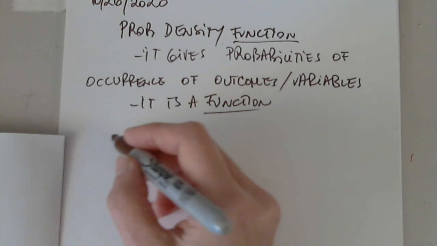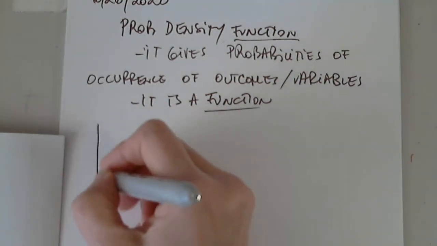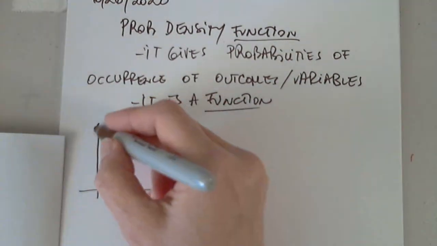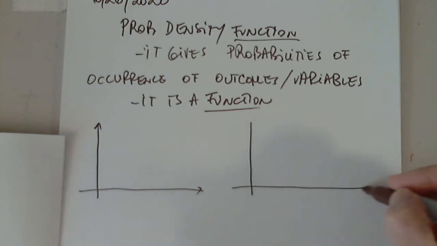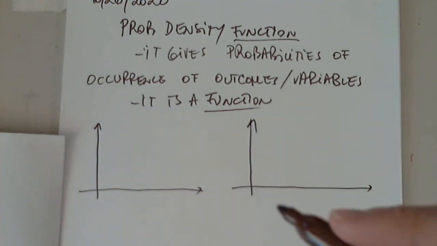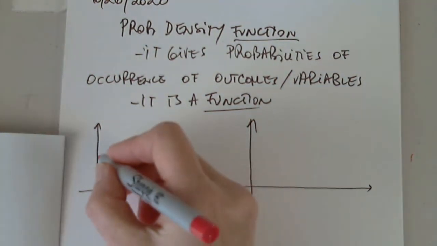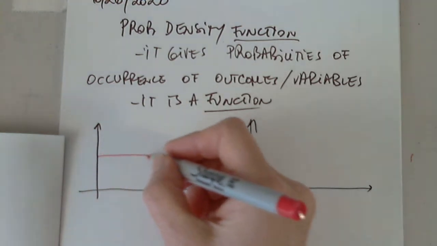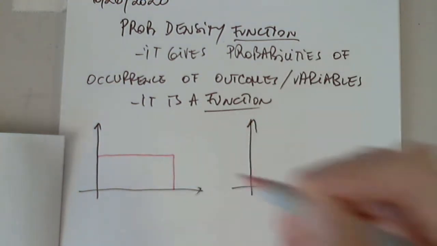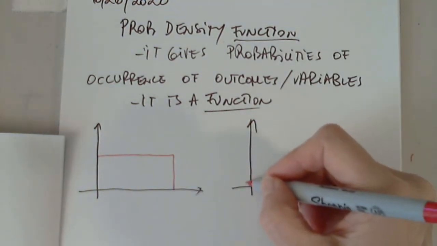So here's an example. We're going to put them side by side, two different examples, because we're going to talk about both of them today. So here is one example. This is horizontal. And here's another example.